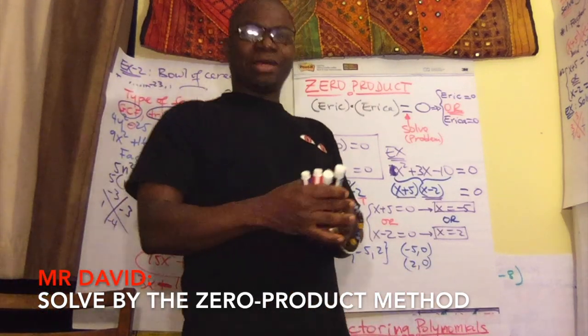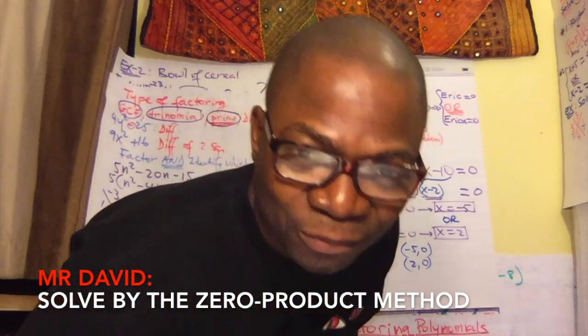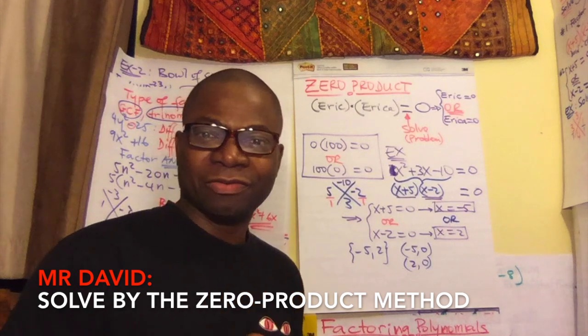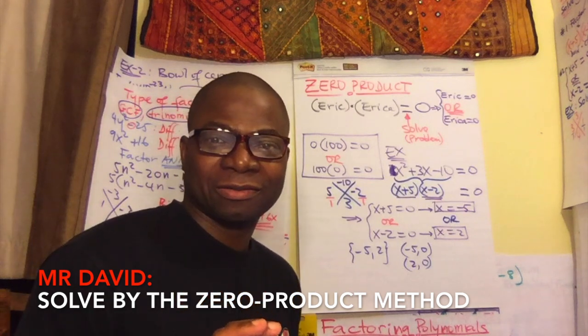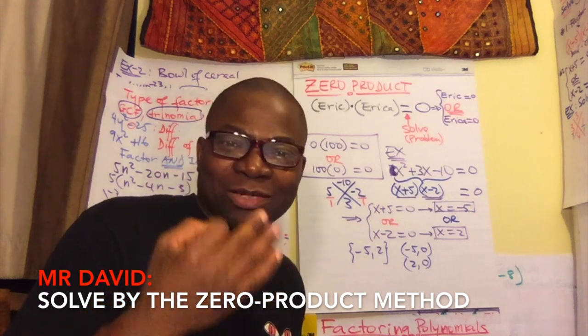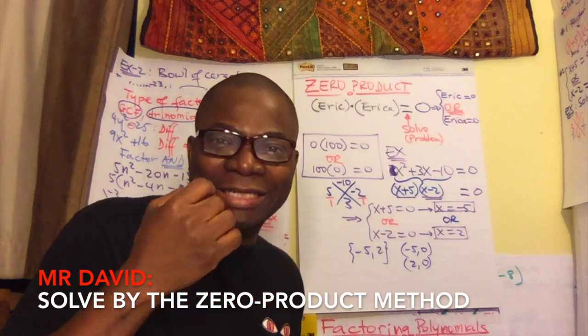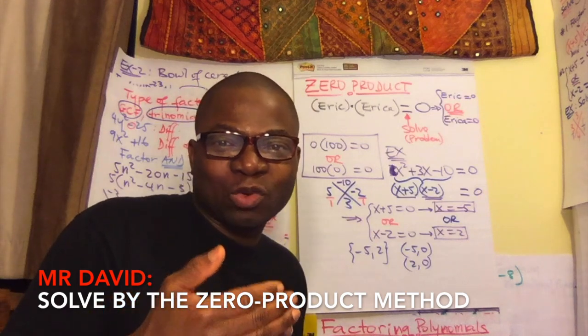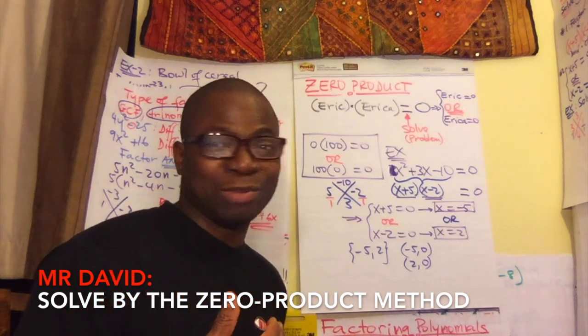And remember, it's not both. Okay, it's one or the other. It's zero product. Who did not do well? Who got a 0? We need to identify that person so we can help, so we don't get a 0 again. That's basically what it is.